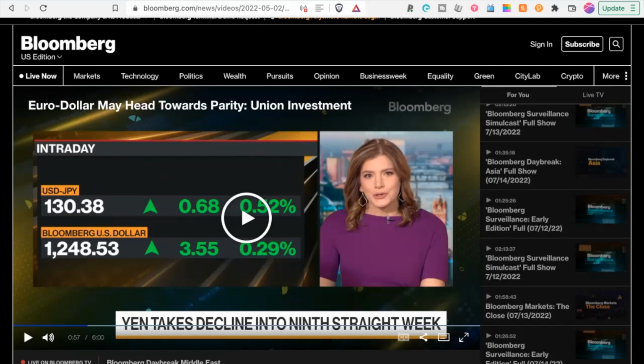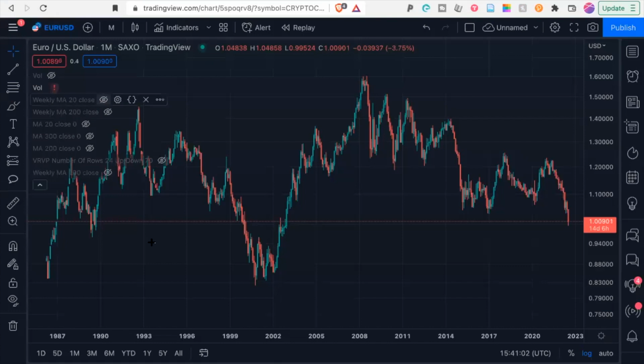If we go back to the chart, we can gain some more important perspective. One of the clearest features of this chart is the downtrend that the euro has been in since 2008. The euro has had some strong periods since then, each lasting about 6 months to 2 years. The most recent rally in the euro went from May 2020 to a peak in January 2021, so a pretty short one there.